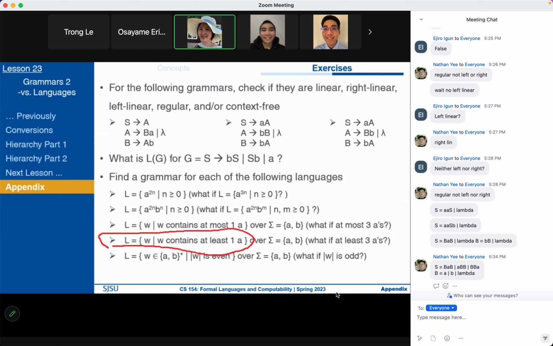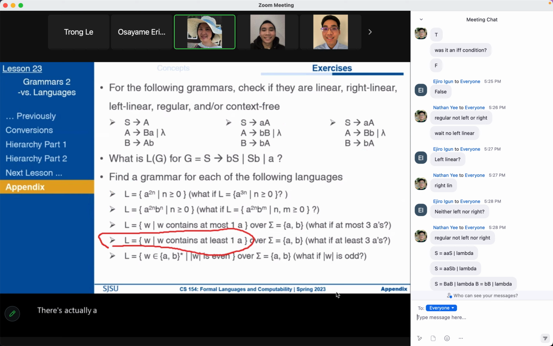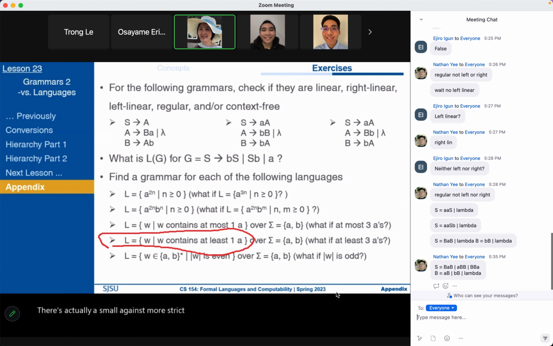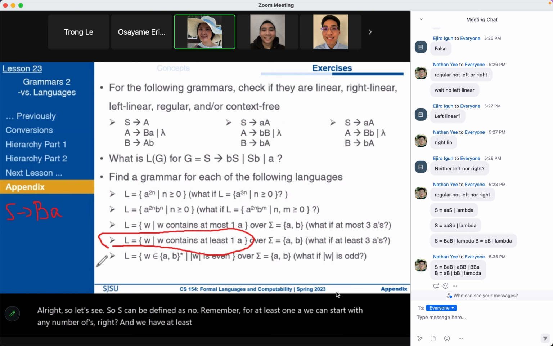Okay. There's actually a more straightforward one. So let's think about a direct translation. All right. So S can be defined as, remember for at least one A, we can start with any number of B's, right? And we have at least one A. And the rest of the thing doesn't matter.